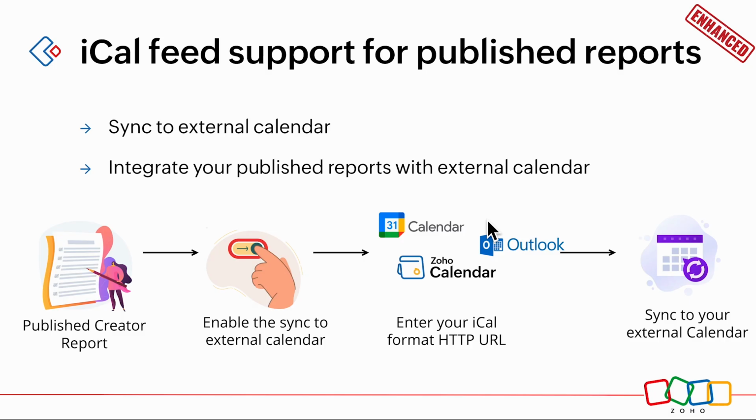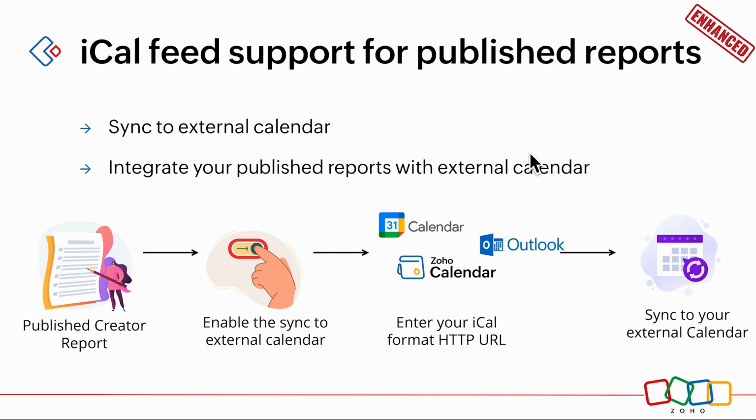What if I want to sync the application calendar to my external calendar so that I don't need to open the Zoho Creator application to check for my appointments, right? This can be done using the iCal feed support for published reports. Using this, you can sync to an external calendar so that the user doesn't need to open the Zoho Creator application and check for appointments every time, so that they don't miss any appointments or deadlines.